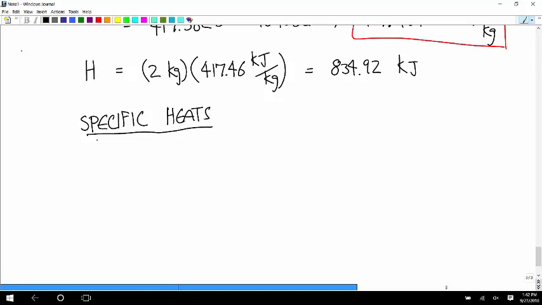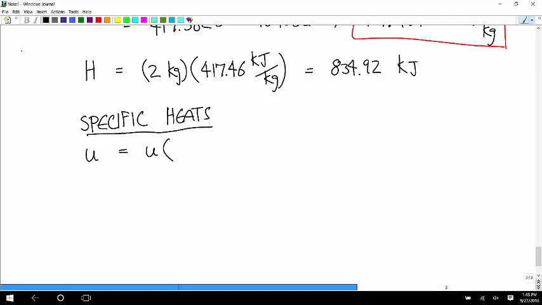So remember that U, in general, for a simple compressible substance, is a function of two properties, right?